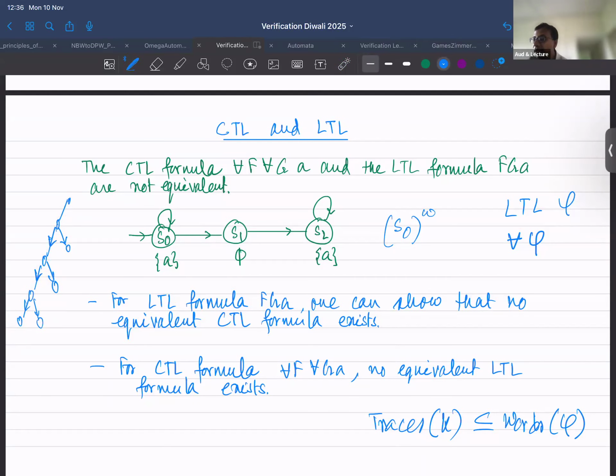So for example, you are saying for all paths, eventually for all paths globally A, on S0 omega.